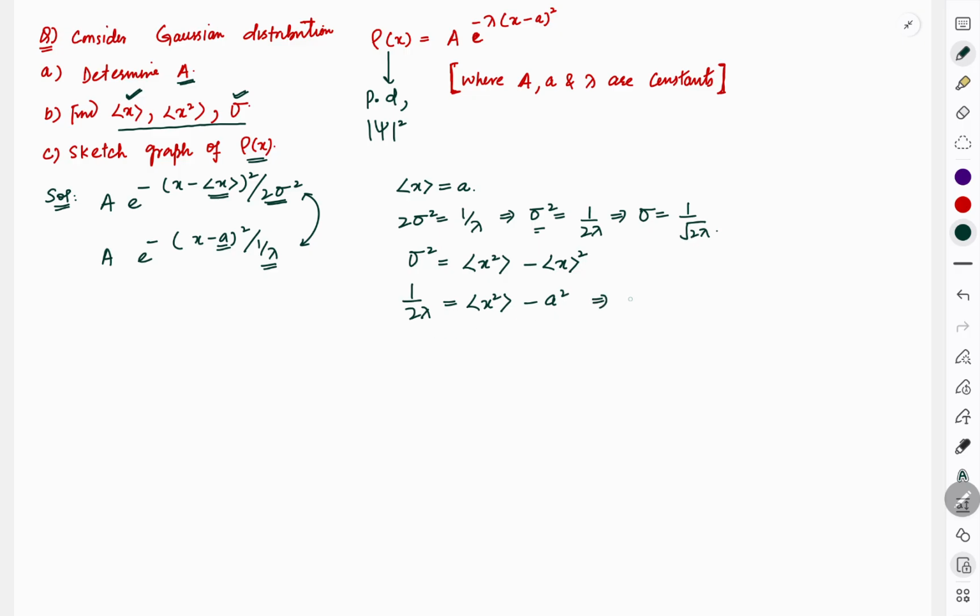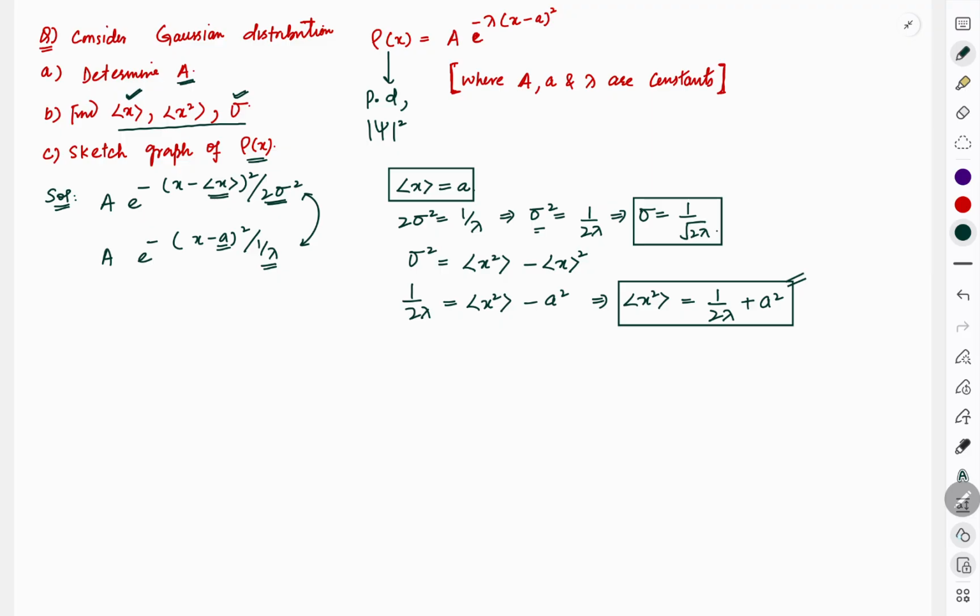So the expectation value of x square is equal to 1 over 2 lambda plus a square. So all three things have been evaluated very smartly. This is the first, this is the second, and this is the third one.